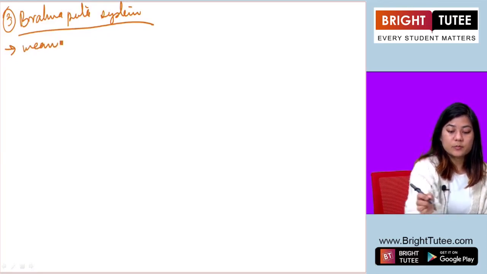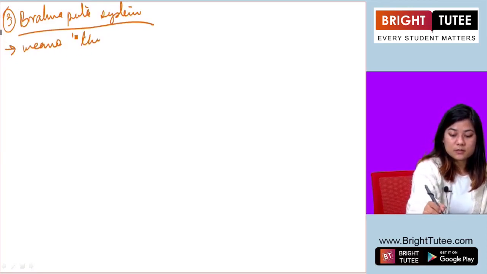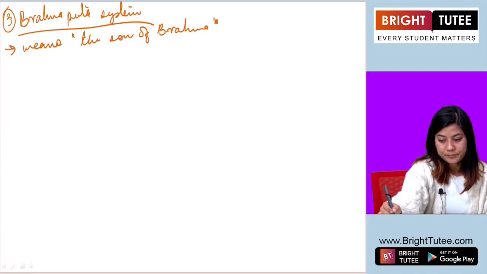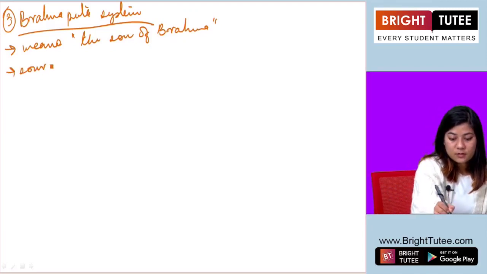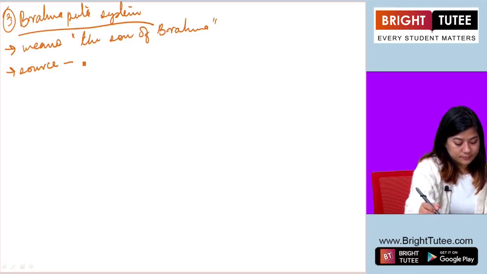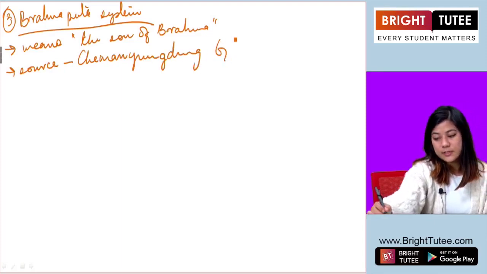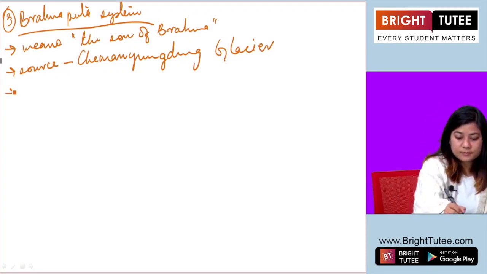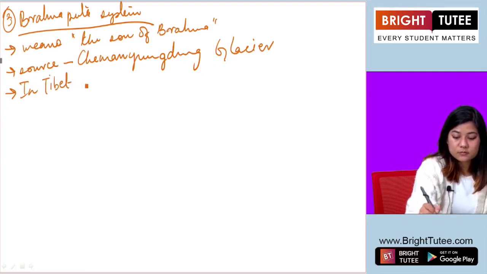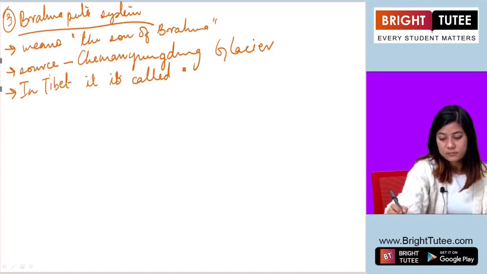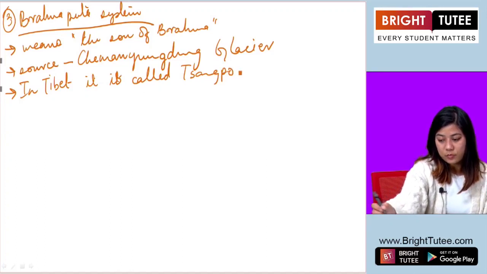Brahmaputra means the son of Brahma. Its source is called Chemayungdung Glacier. In Tibet, it is called Sangpo.